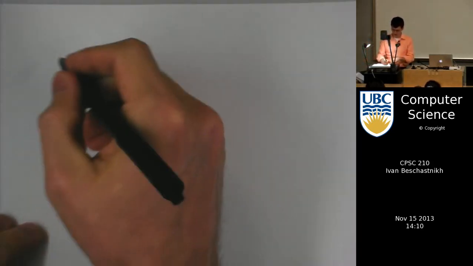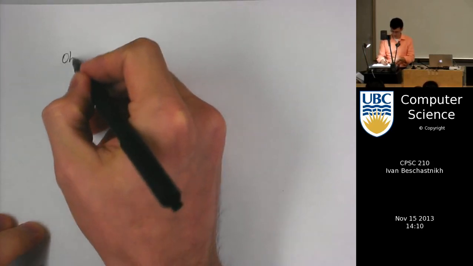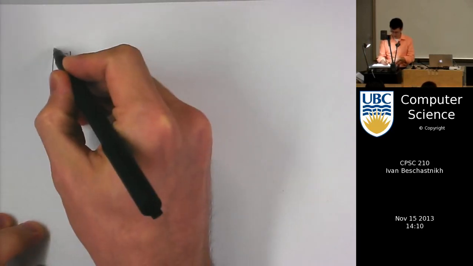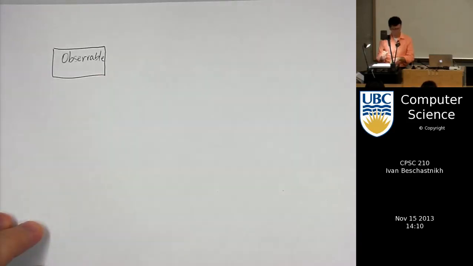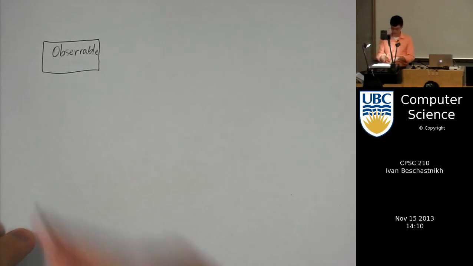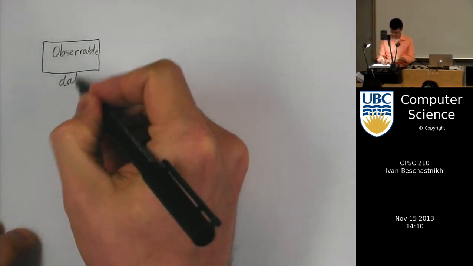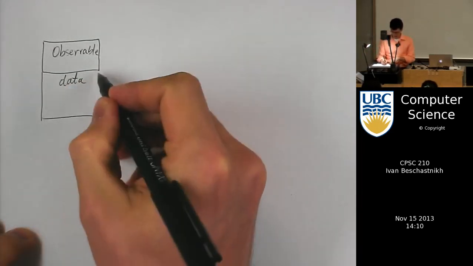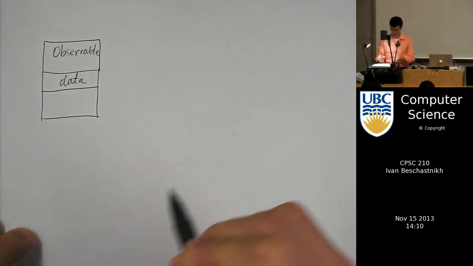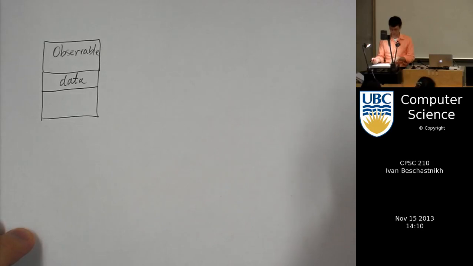So last time we talked about the observer pattern. And the observer pattern basically looks like the following. You have some class which is observable. And it's observable because it contains some data that observers are interested in.